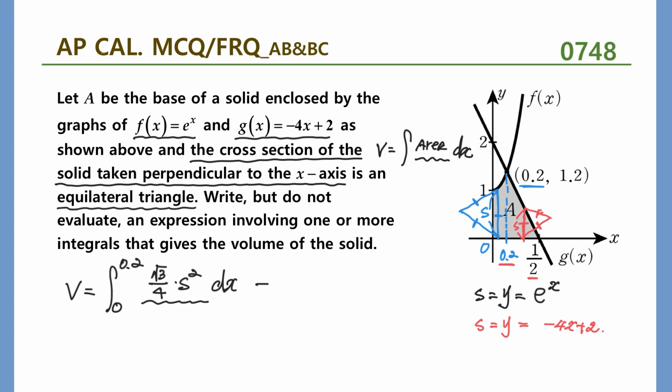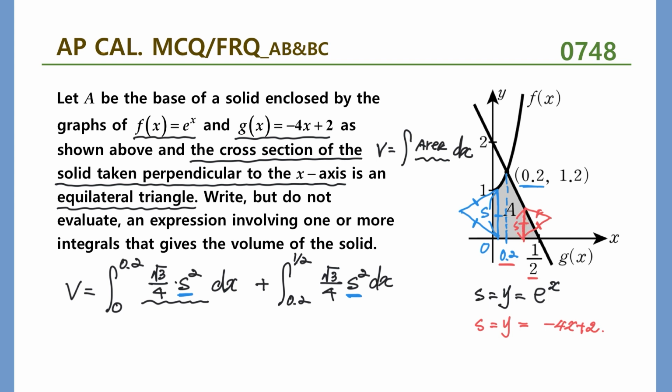Plus, from 0.2 to 1/2, root 3 over 4 side squared again. But remember, this side and this side are different sides. The s on the left integral is this, and the s on the right integral is this side.